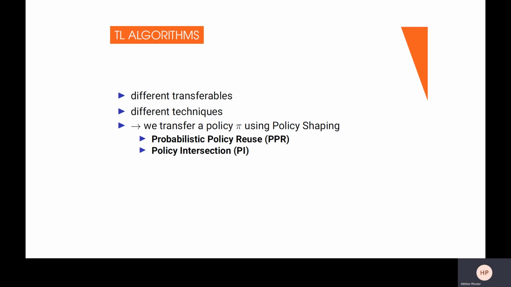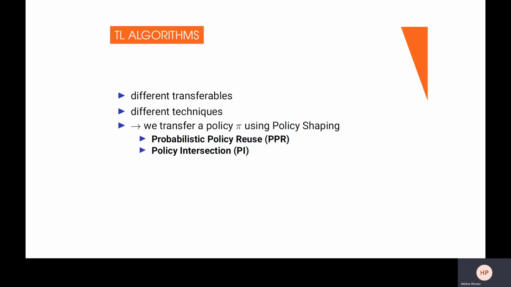Now, transfer learning in reinforcement learning is a fairly messy field. There's a lot of work out there doing a lot of different things, and it's hard to categorize. First of all, you may have a lot of transferables, a lot of different components that are being learned by a reinforcement learning agent. You may want to transfer some parts of the neural networks but not other parts.